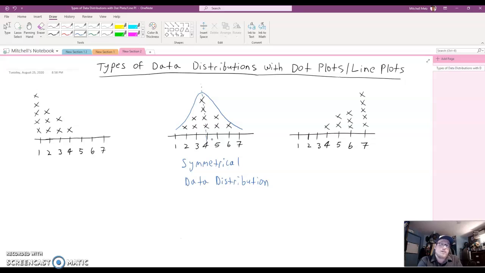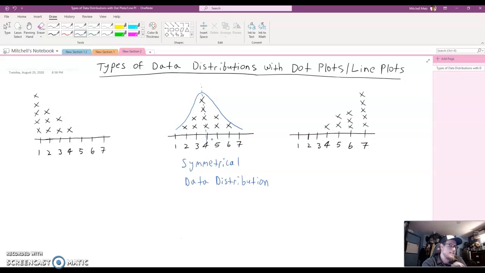It's the same thing with this: if I folded this in half, they should overlap exactly. Maybe you have 1 extra data point on one side, but if it generally follows this rule, it's still symmetrical. You can think of yourself as well. We are almost mirror images of ourselves. If you put a line down us as humans, both of my eyes are almost symmetrical. We're almost identical symmetrical copies. So that's what symmetrical is.